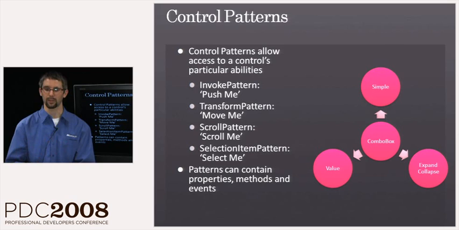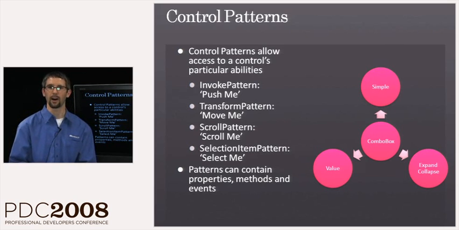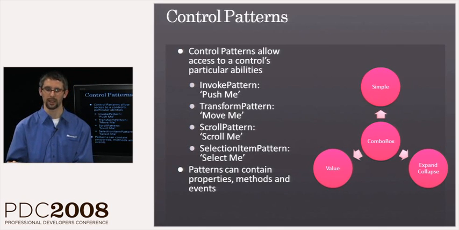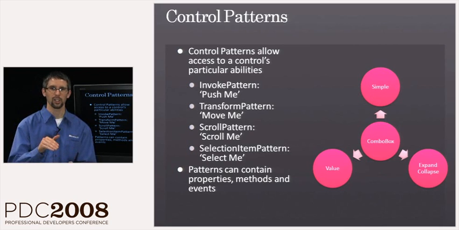So for a combo box, for instance, a combo box has the simple pattern. That's the one that they all have that exposes the basic elements. And then it has the expand collapse pattern, because that makes sense for a combo box. And it has the value pattern, which exposes the ability to set and get a control's content, its value, what's selected in the combo box. But there's no invoke pattern because it doesn't make sense to push a combo box.